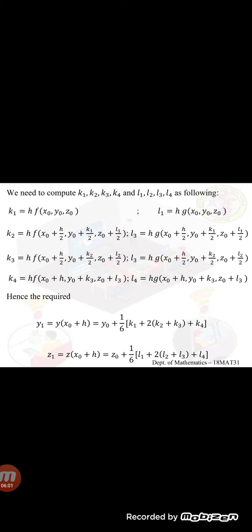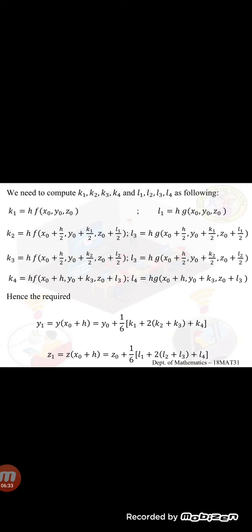So k1 is h into f of x0, y0, z0; L1 is h into g of x0, y0, z0. k2 is h into f of x0 plus h by 2, y0 plus k1 by 2, z0 plus L1 by 2. Then L2 is h into g of x0 plus h by 2, y0 plus k1 by 2, z0 plus L1 by 2. k3 is h into f of x0 plus h by 2, y0 plus k2 by 2, z0 plus L2 by 2.